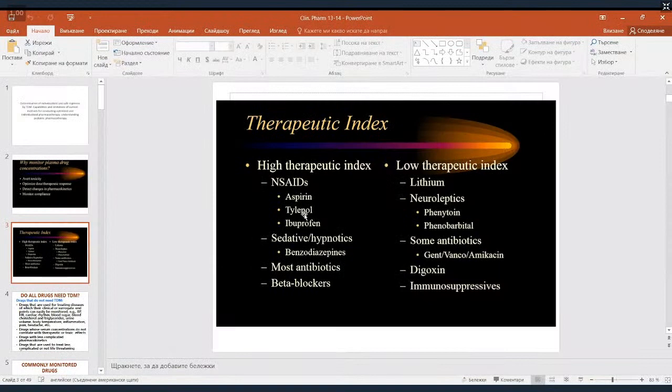Tylenol, which is the trade name of paracetamol, and by the way, paracetamol is not an NSAID, so this table is not completely correct, but I keep this as an example so that you remember that there is a mistake, that Tylenol, which is paracetamol, is not an NSAID.